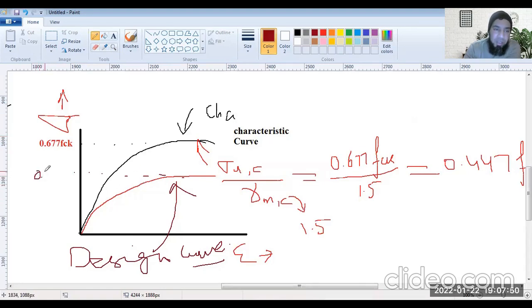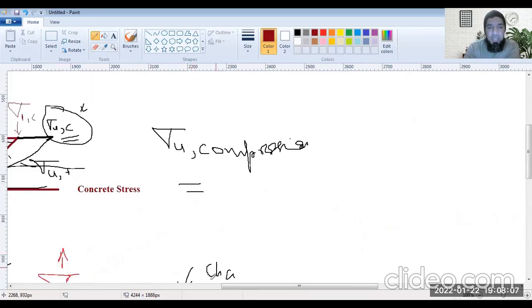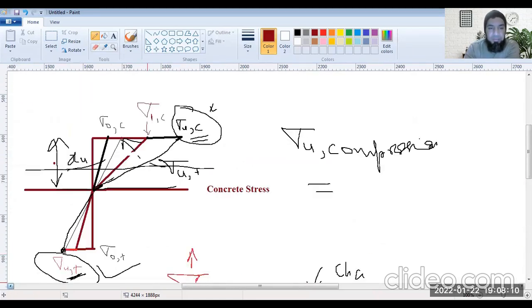So overall आप कितनी strength utilize कर रहे हो? Only this much, 44.7% of FCK. That's the ultimate strength that you are utilizing for design purposes. तो finally इसका value आपका ये sigma u compression for design purposes, its value is just 0.447 FCK for concrete. हम concrete की बात कर रहे हैं अभी.